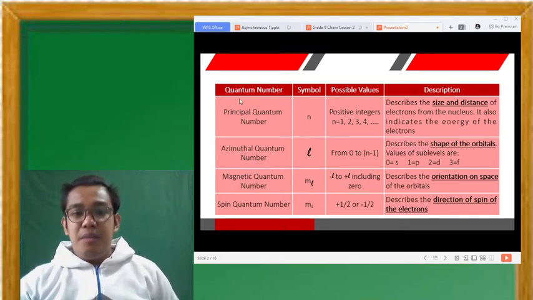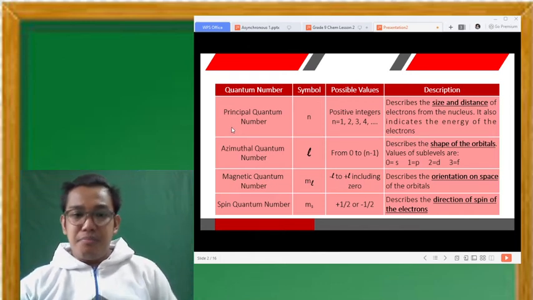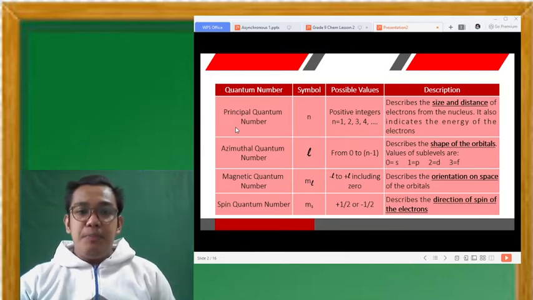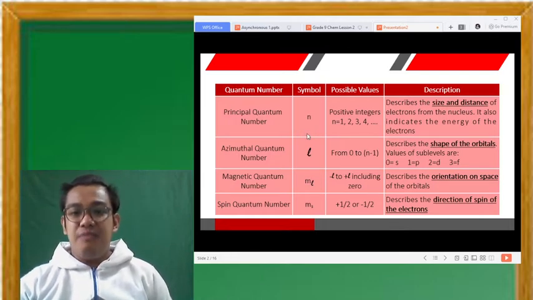In a quantum number, we have the principal quantum number, the azimuthal quantum number, the magnetic quantum number, and the spin quantum number. When we say the principal quantum number, the symbol of this is n, and the possible values are positive integers.